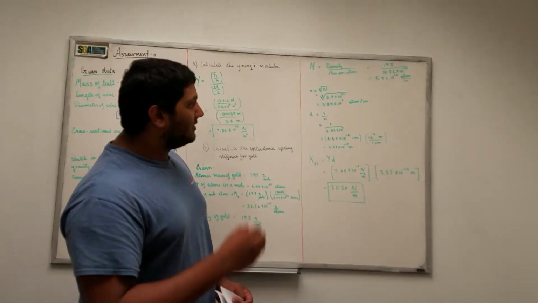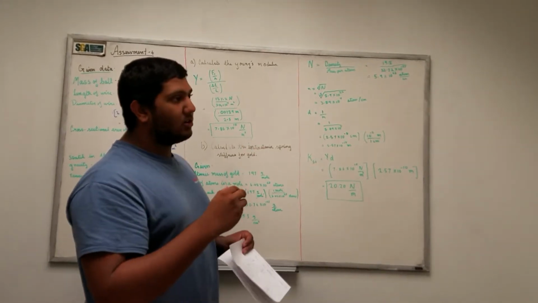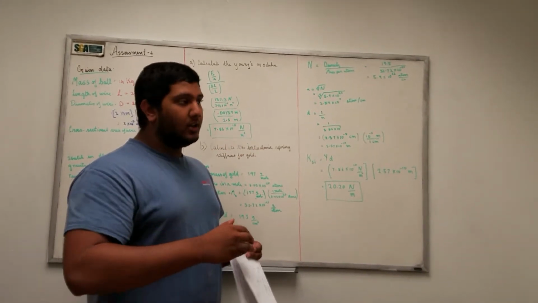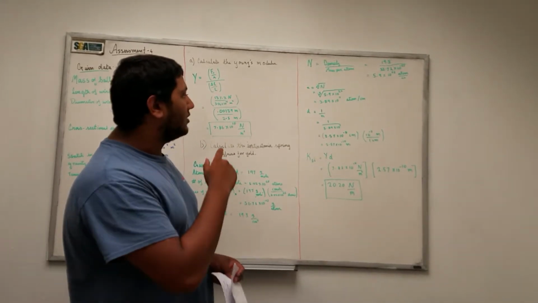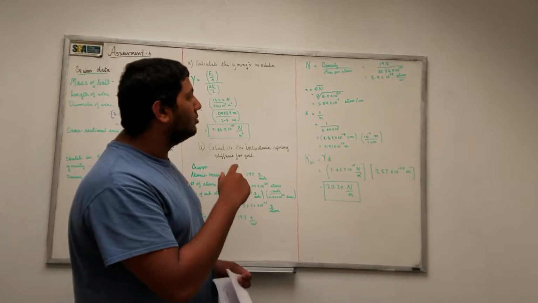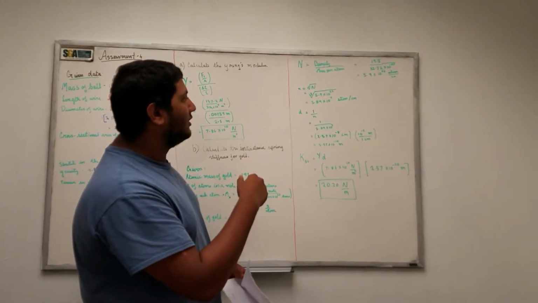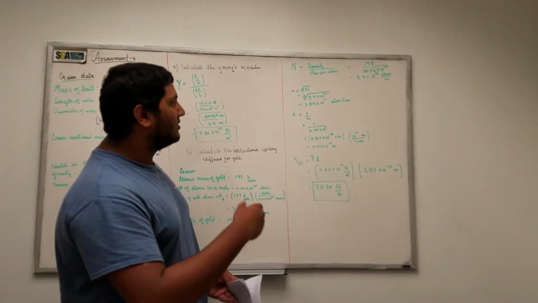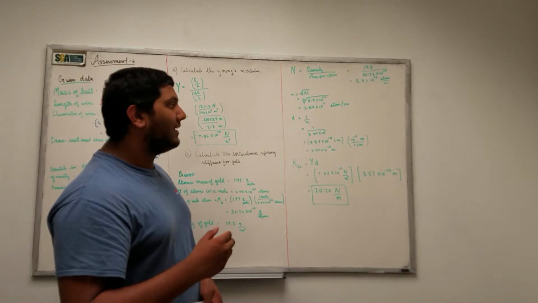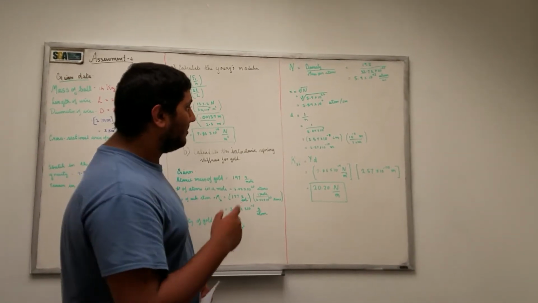After that, since it's arranged cubically, we need to find out how many atoms are along the side of a cube. To calculate that, we use small n equal to the cube root of N, which we just found. So we take the cube root of 5.9 times 10 to the 22nd, which gives us a value of 3.89 times 10 to the 7 atoms per centimeter.